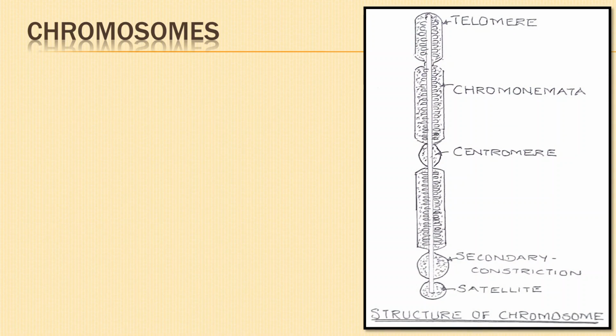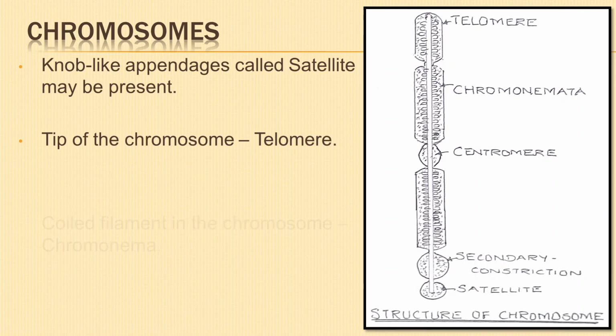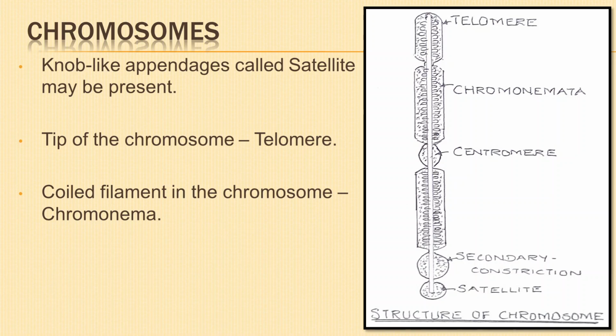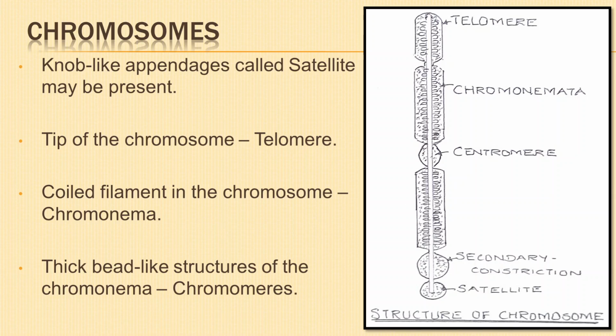Sometimes the chromosomes bear round or knob-like appendages beyond the nucleolar organizers called satellite. The tip of the chromosome is called telomere. Coiled filament in the chromosome is known as chromonema. The thick bead-like structures of the chromonema are known as chromomeres.